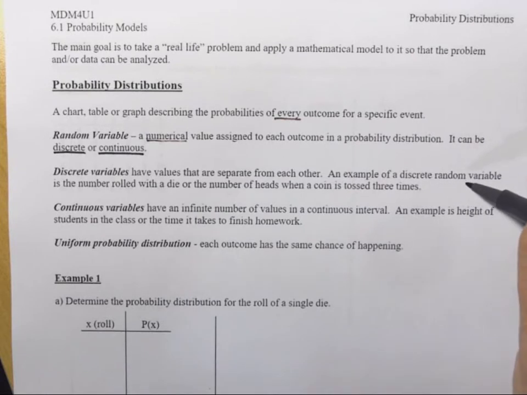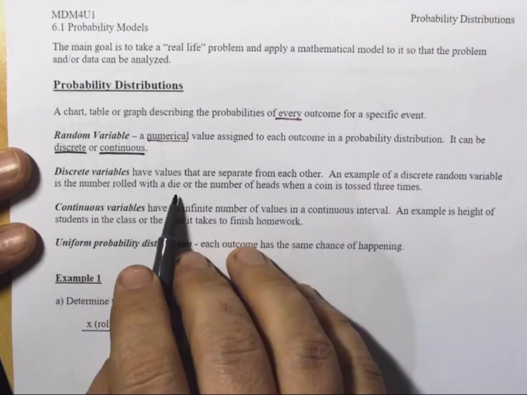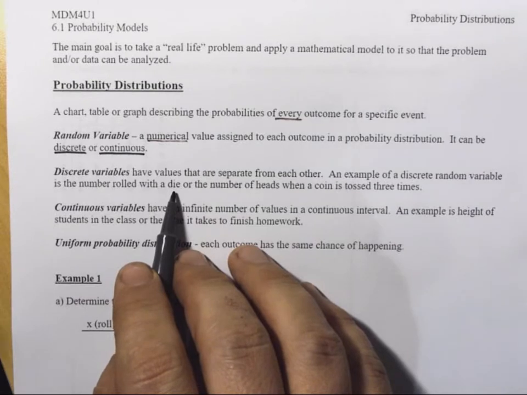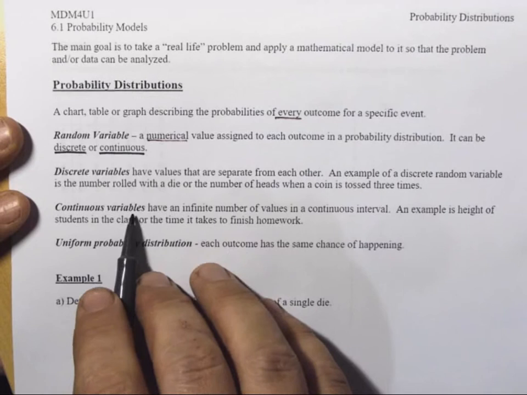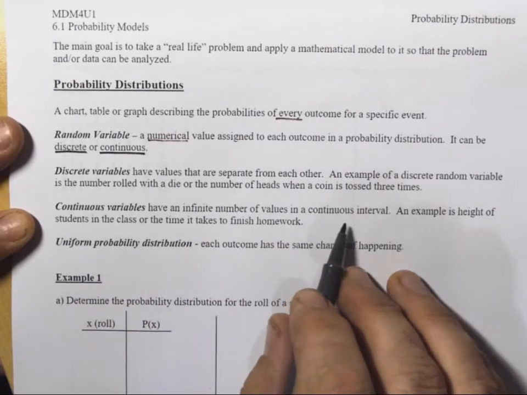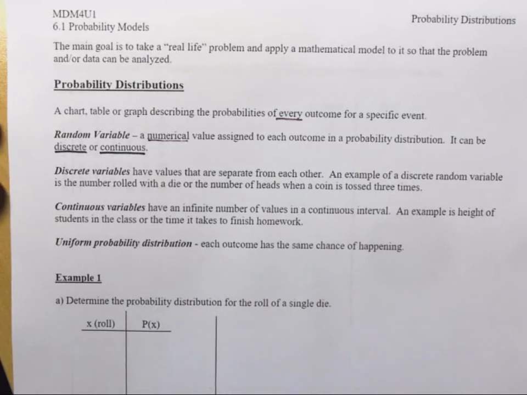An example of a discrete random variable is the number rolled with a die. You can get a 1, 2, 3, 4, 5, or 6. That's it. No decimals allowed. Continuous variables have an infinite number of values in a continuous interval. The height of students, weights, time it takes to finish homework, all of those can be measured to a decimal. That's what makes them continuous.